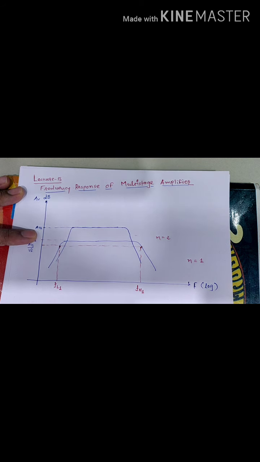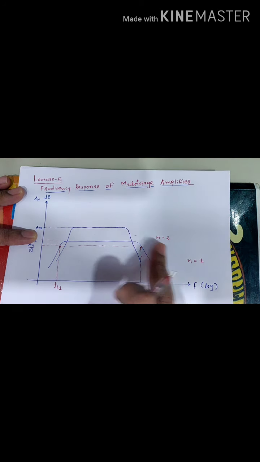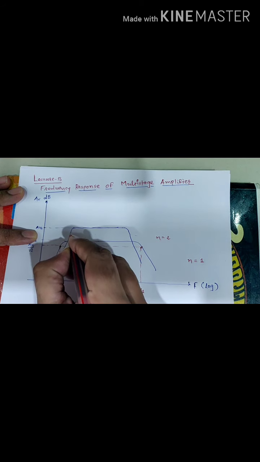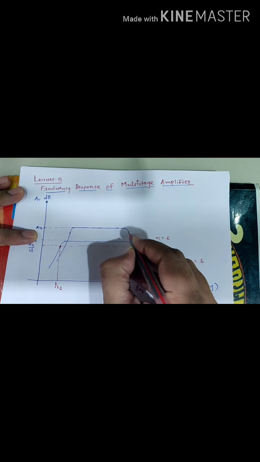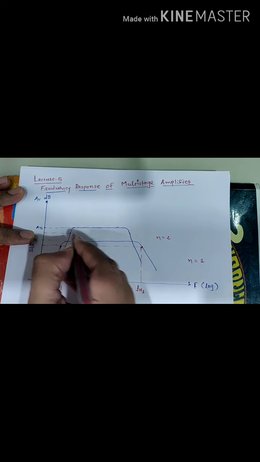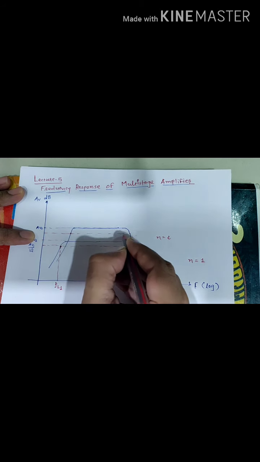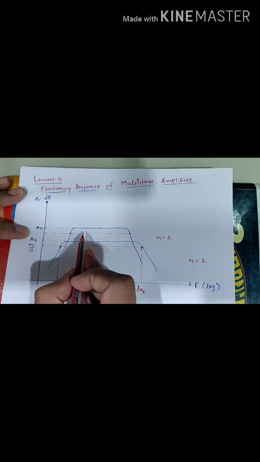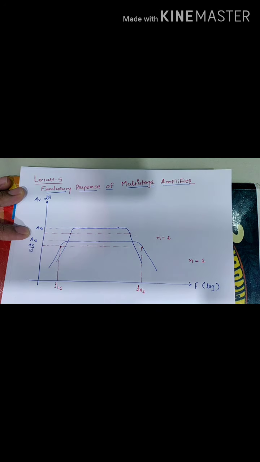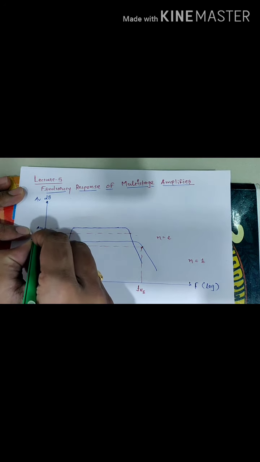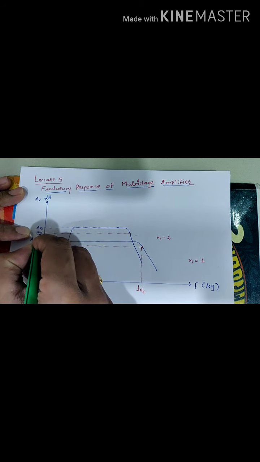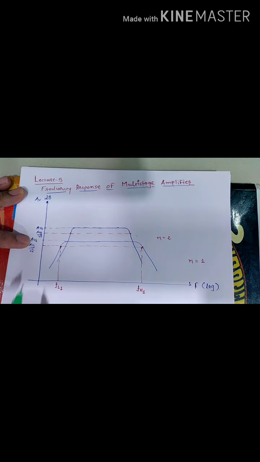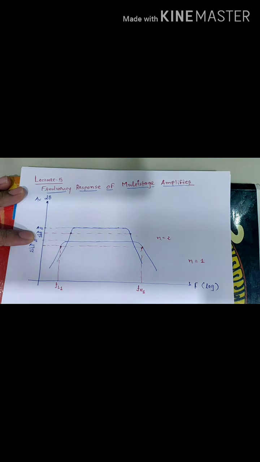As we want to find the mid-band gain of this response after the second stage, we have to draw a line where the maximum amplitude of AV2 falls to 70.7% of its maximum value. So we take AV2 by root 2, and this is the point we get over here.